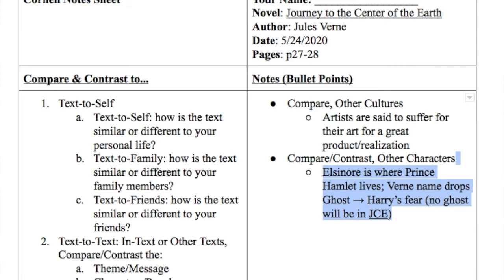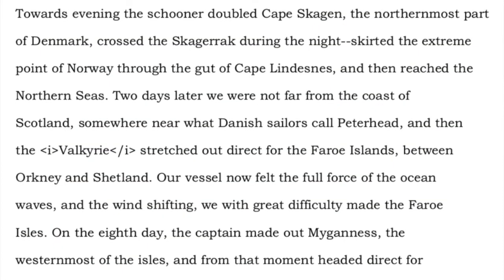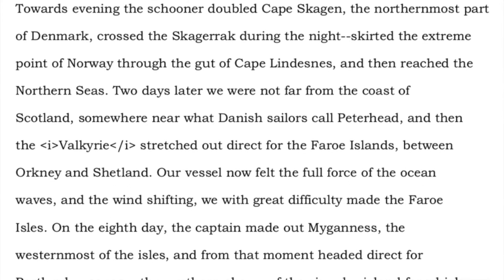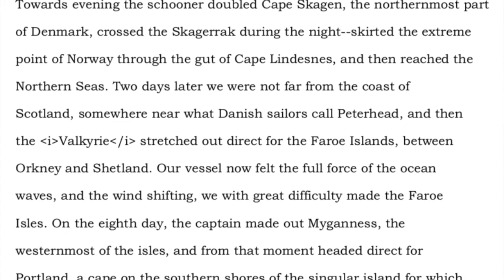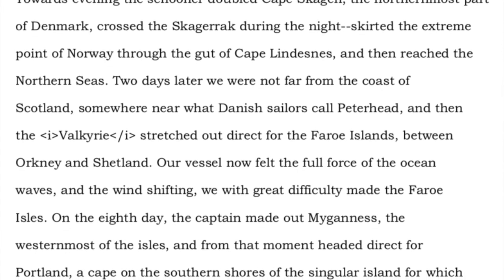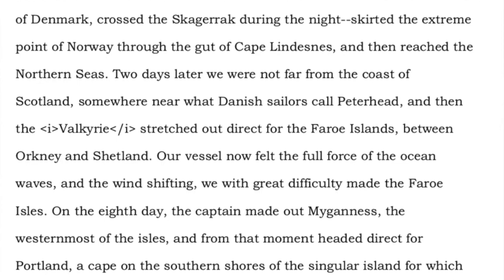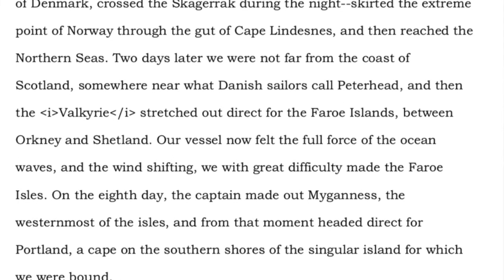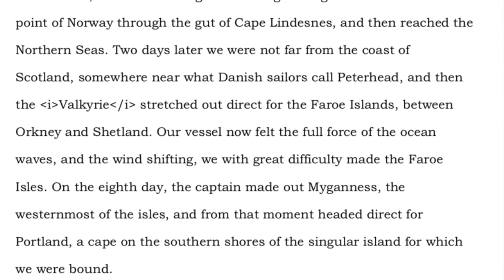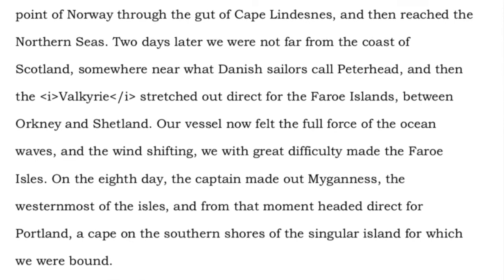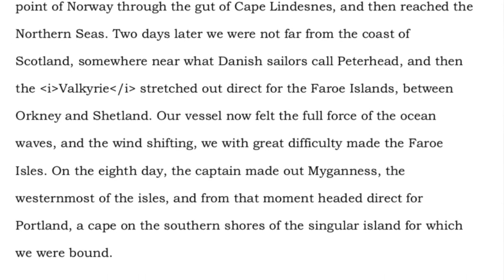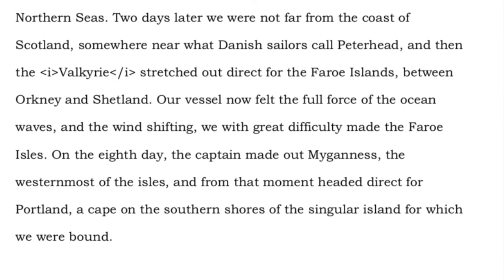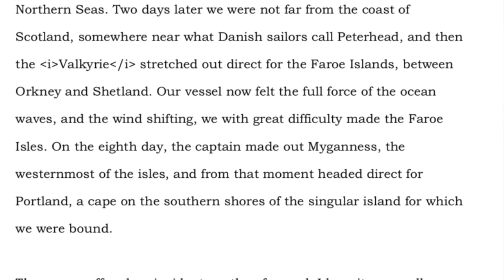Towards evening, the schooner doubled Cape Skagen, the northern part of Denmark, crossed the Skagerrak during the night, skirted the extreme point of Norway through the gut of Cape Lindesnes, and then reached the Northern Sea. 2 days later, we were not far from the coast of Scotland, somewhere near Peterhead, as the Danish sailors called it, and then the Valkyrie stretched out direct for the Faroe Islands between Orkney and Shetland.